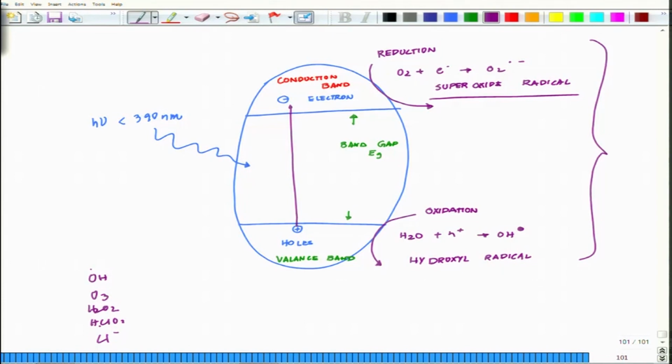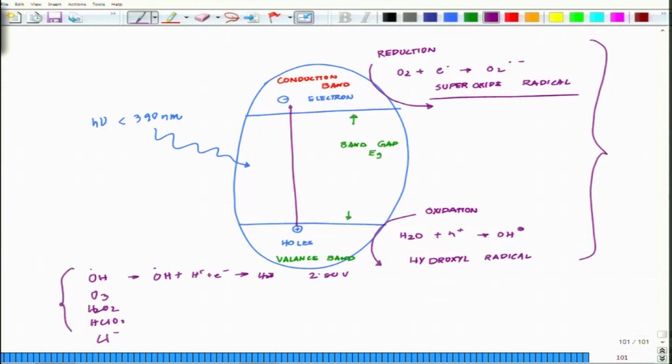If you see their half cell reactions, it is something like this: OH dot plus H plus plus electron forming water, and the oxidation potential is around 2.80 volt. Likewise, there is a series of these reactions happening here, which are not of significance.